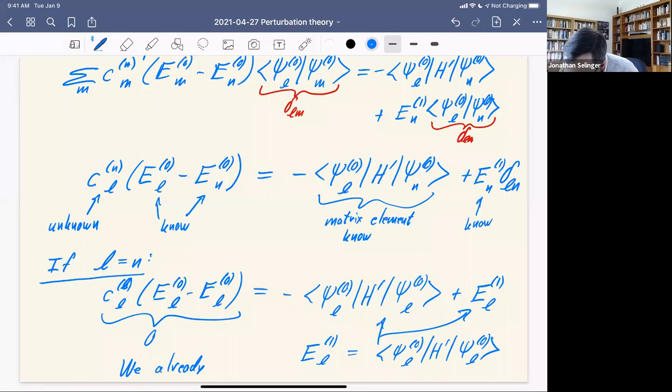That is the relation for the first order energy, the first order change in the energy eigenvalues. So that's just a consistency check. That's no new information. What about if L is not equal to N?